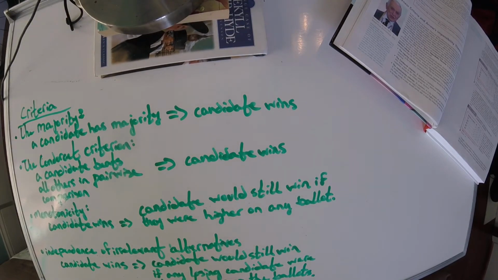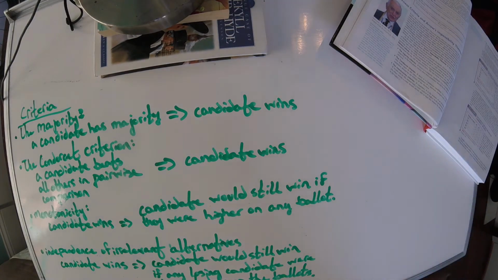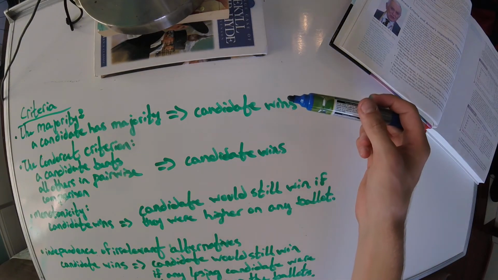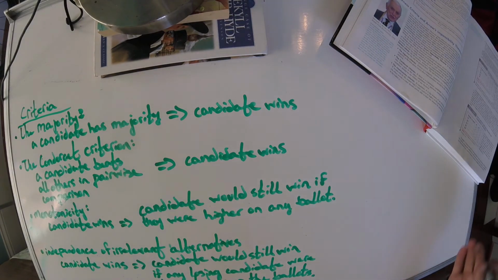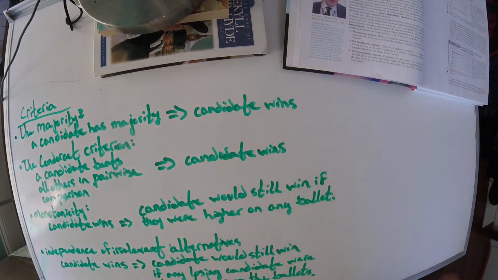So this is like a candidate who wins must also win if you apply the same voting method to the election without that candidate on any of the ballots. So that's what that means. And so Professor Arrow is saying that an election or a voting method must satisfy all of these to be fair. And, whoops, I'm moving the whole studio here.